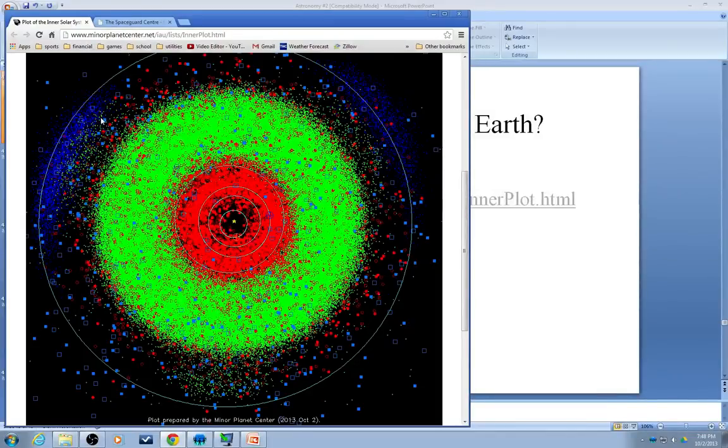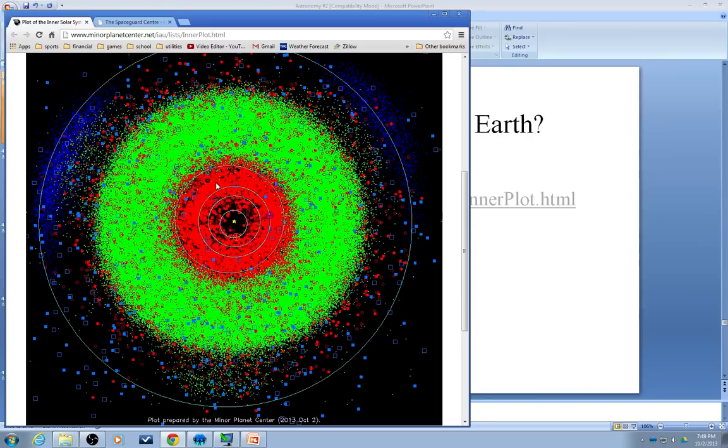So we need to plot all these. Each dot is a meteoroid of some sort. The star there in the front, that's the Sun. Mercury is right there. Venus, I don't even see Venus, it's somewhere in here. Then Earth is right there, that circle. Mars, I can't really spot right off the bat here either, but Mars is somewhere in there. And then we go to Jupiter here. So this is plotting all the different things.